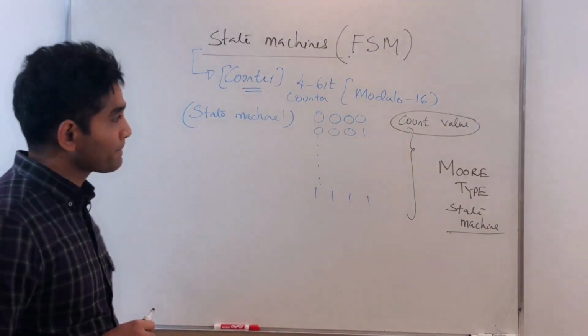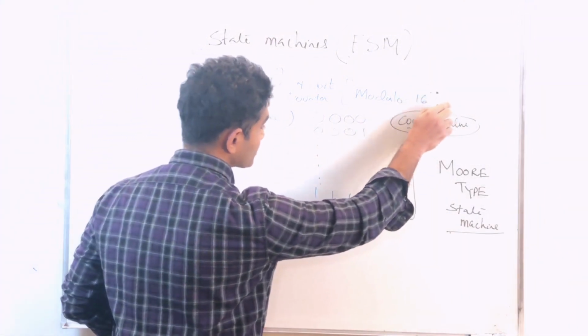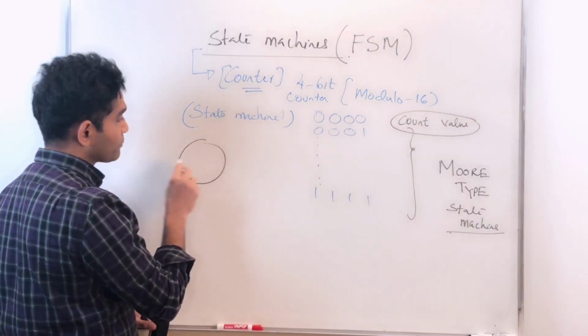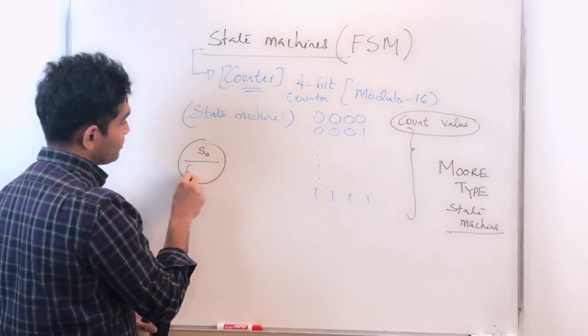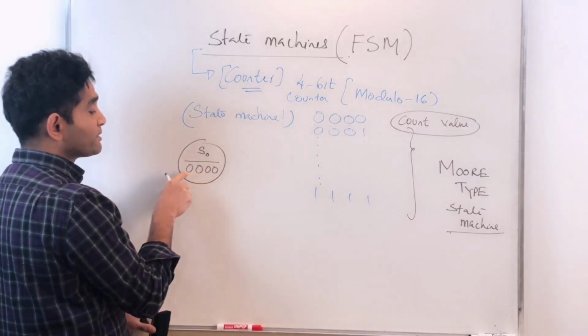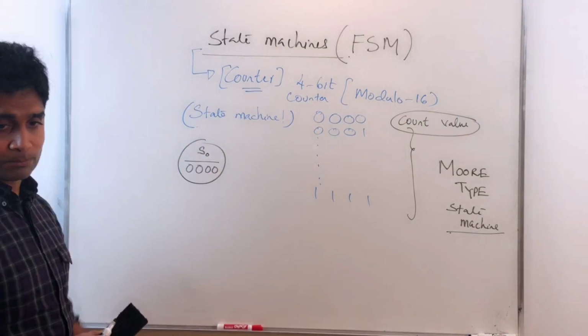Okay. So if I want to design a modulo 16 counter, my state diagram corresponding to this counter would be, let's say, S0. The output corresponding to that would be 0, 0, 0, 0, which is nothing but the encoded digital binary value for S0.